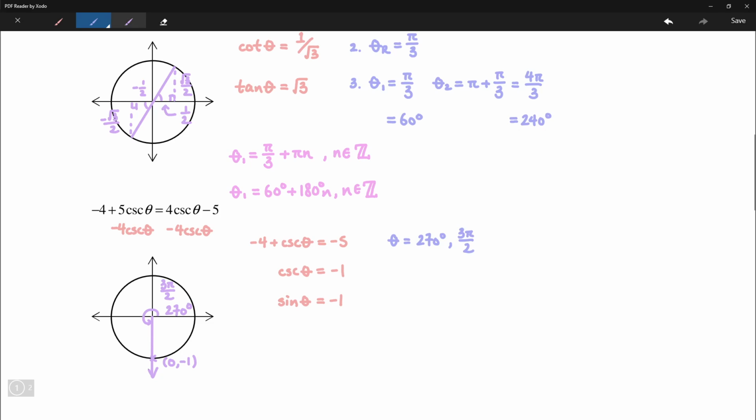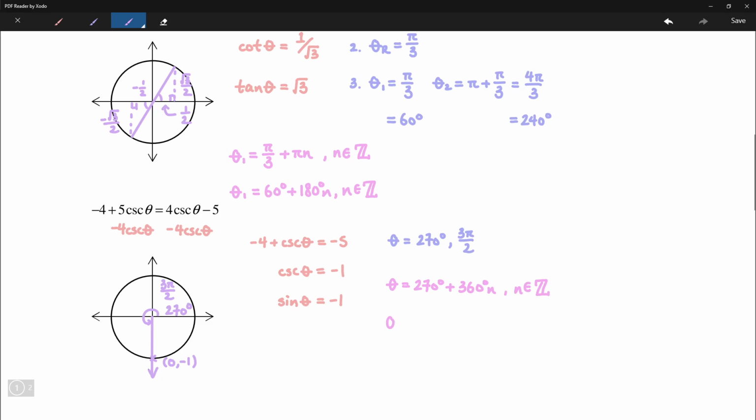To generalize these solutions, notice that the next solution will be 360 degrees away, so the general solution in degrees will be 270 degrees plus 360 degrees multiplied by n, where n is an integer, just to capture all the coterminal angles.